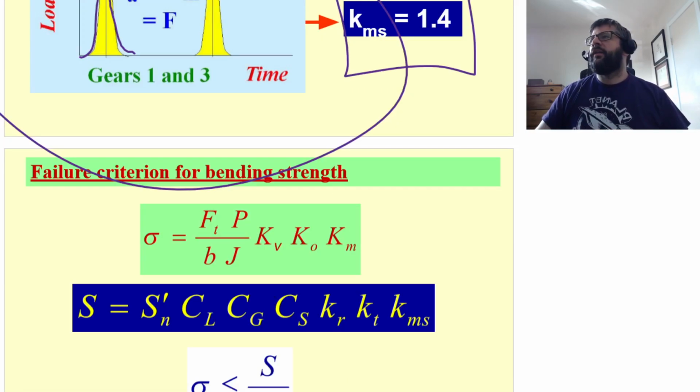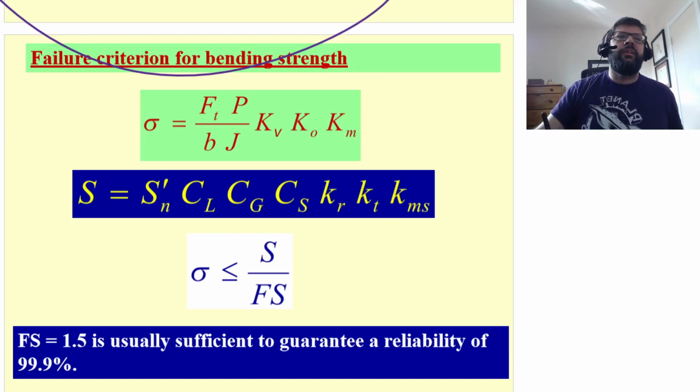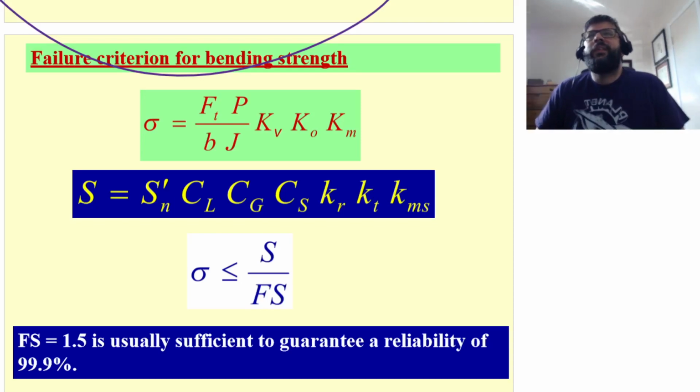So that is our failure criteria for bending strength or fatigue, failure due to fatigue crack growth in your gear teeth.